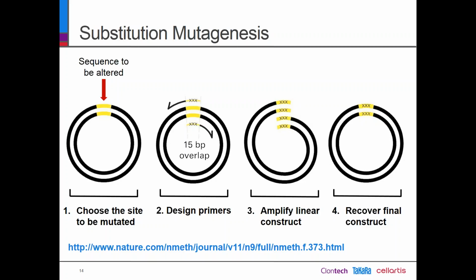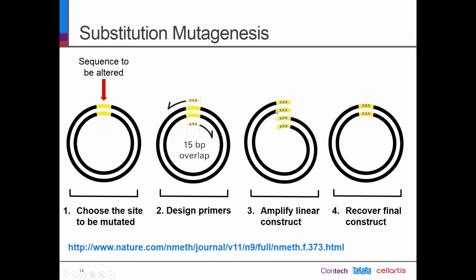So here, if you already have a plasmid, let's say that contains your gene of interest and you want to introduce a mutation, then you simply generate a linearized version of the plasmid by inverse PCR and use primers here in yellow that contain the mutation that you want to include. Then you use In-Fusion.